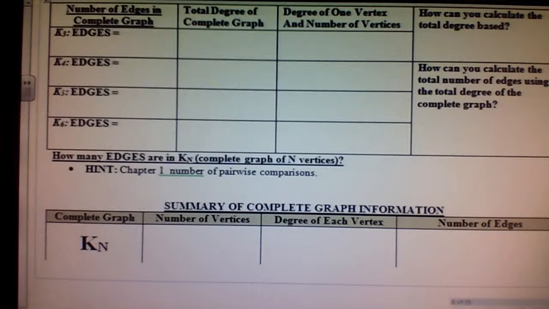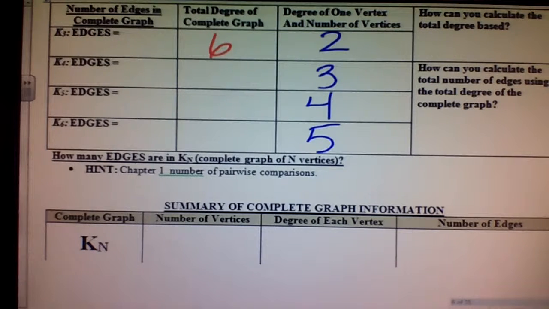Okay, so if I have K sub 3, what's the degree of each vertex? 2. If I have K sub 4, what's the degree of each vertex? 3. K sub 5 would have a degree of? K sub 6 would have a degree of? Okay, so now that you know this, what do you think the total degree of K sub 3 would be? 6.